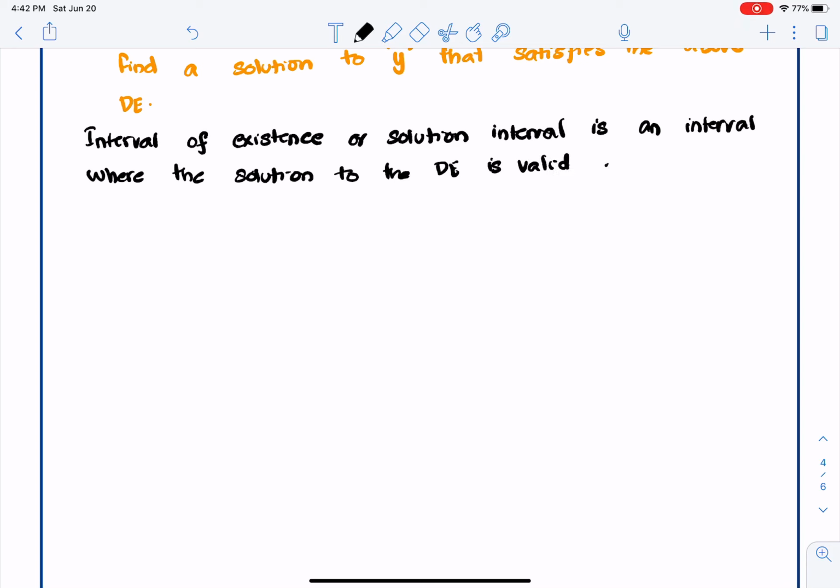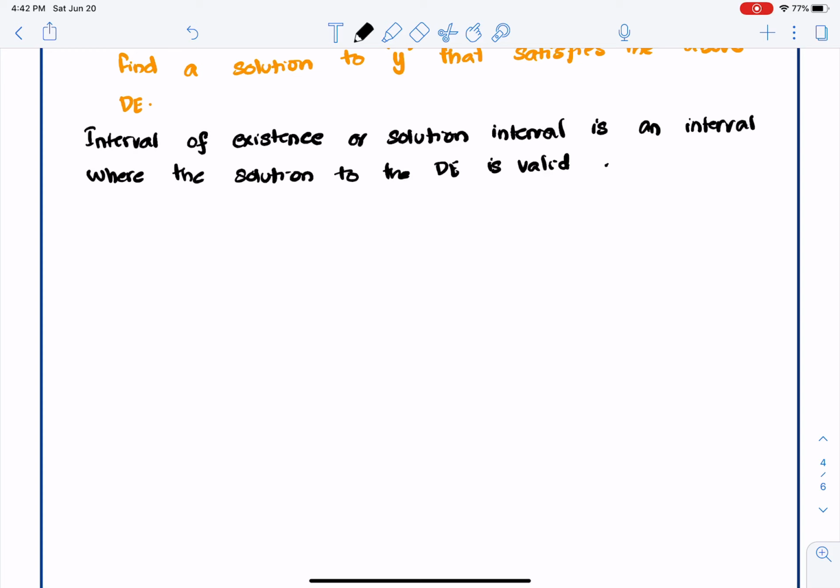So interval of existence, or a solution interval, is an interval where the solution to the differential equation is actually valid. The domain of a function is the set of all x values for a function.